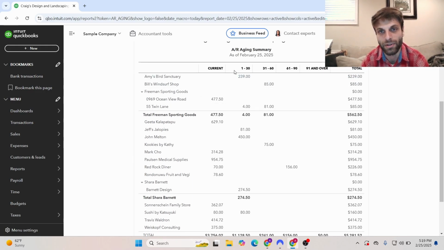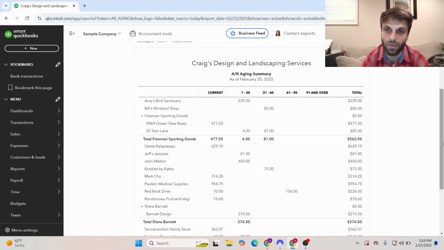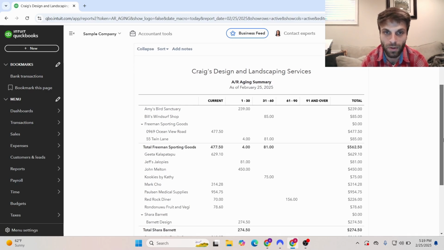So we want to try to just make it easy, collect as soon as we can, be fair to your client, within the first 15 days after, if you do invoices, make sure that you're sending them invoices.